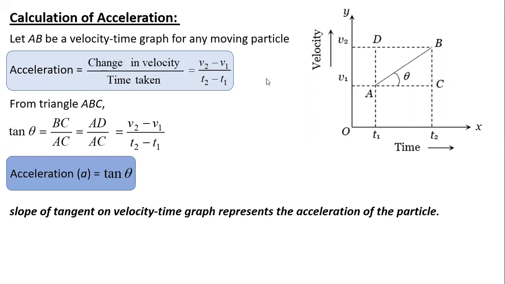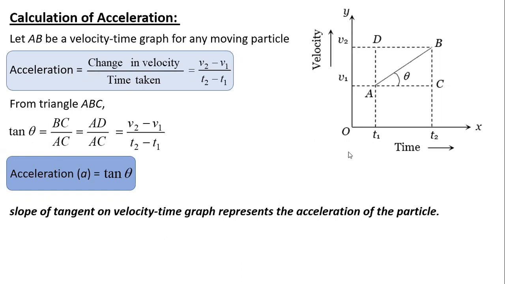So from the velocity time graph, two things I can calculate. One, from the area, I can calculate distance and displacement. Somil, I am explaining it again: if they ask about the distance, the area above the x-axis and the area below the x-axis both will be taken as positive.